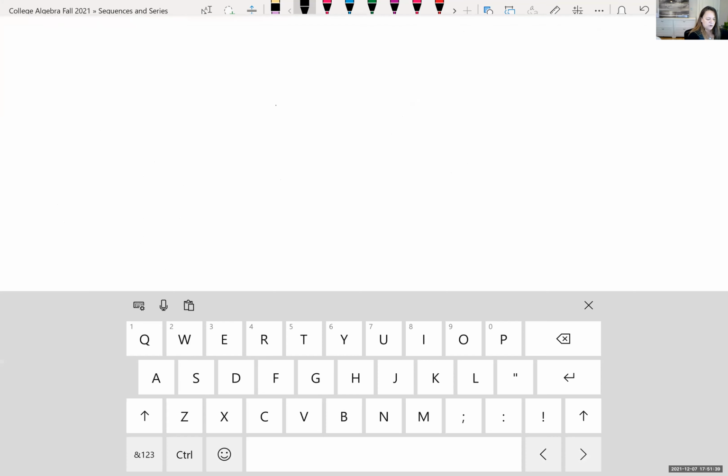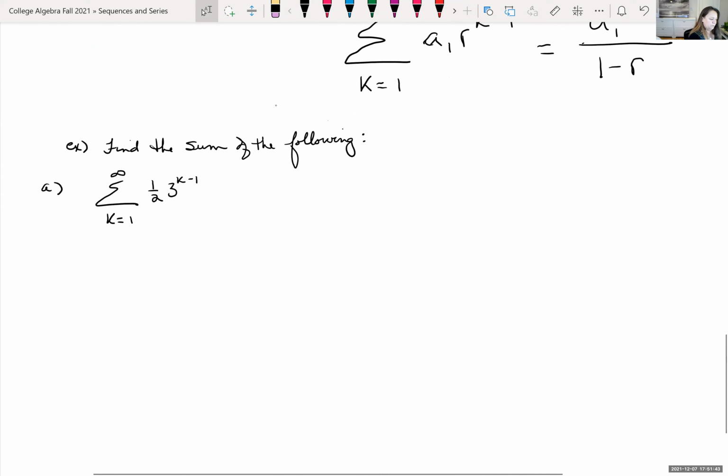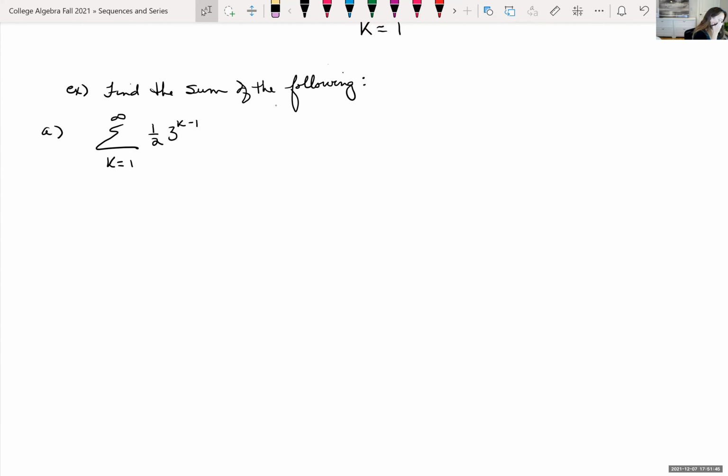Well, looking at our formula, we want to see, determine whether each infinite geometric series converges or diverges. If it converges, find the final sum.